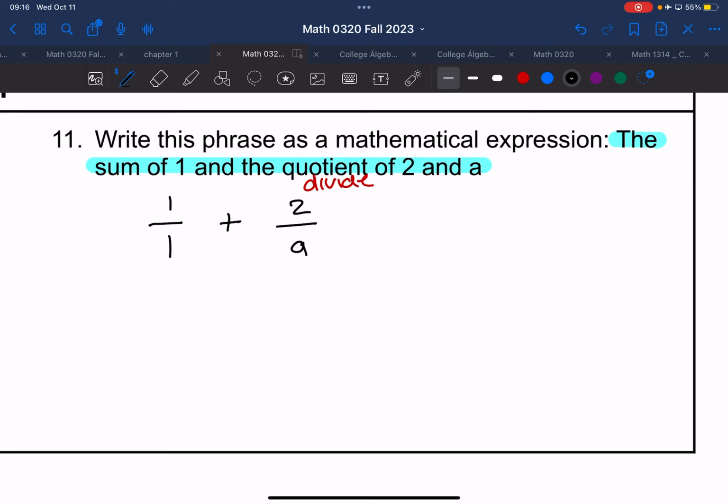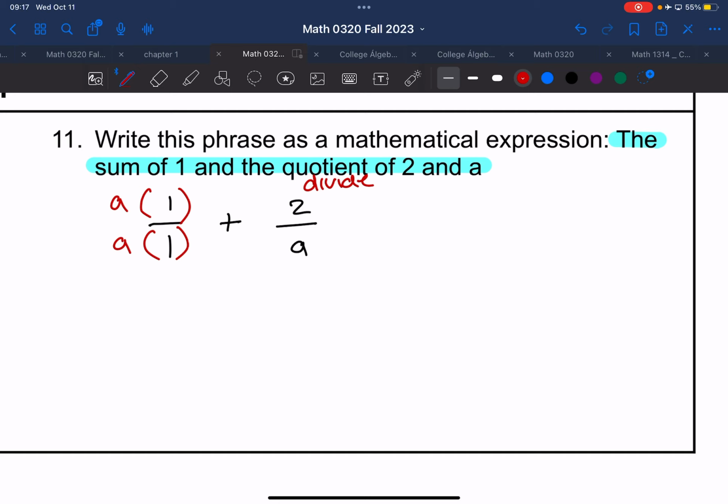Okay? So this is what the expression would look like. We need to get a common denominator, and what would that common denominator be? A. Or you could say 1a, but do we need to write the 1 there? No, it would just be a, which means which fraction is missing the a? First one. So I'm going to multiply top and bottom by a.